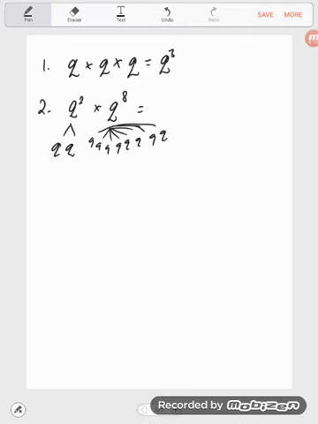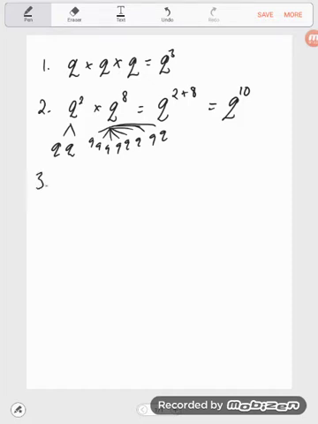So essentially you have 2 q's and then 8 more. So what you're doing is you add the powers. So this is the same thing as q to the 2 plus 8, which is q to the 10. Okay, so when you are multiplying two things, you add the powers.